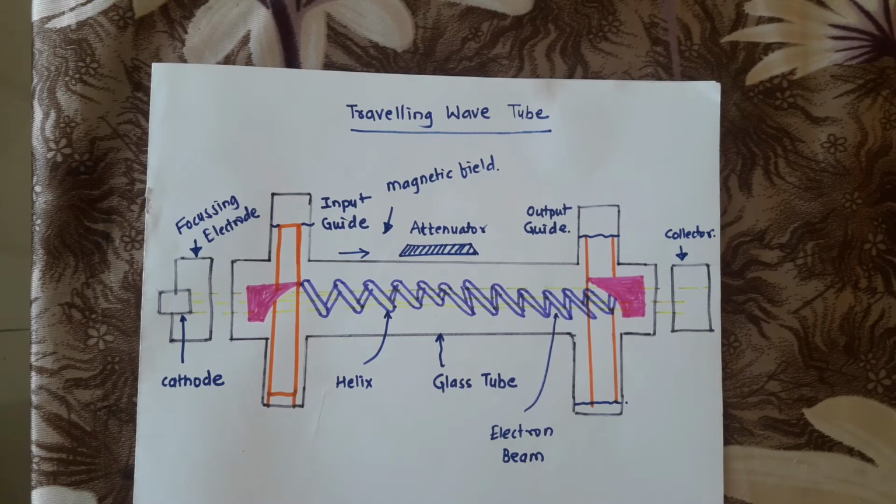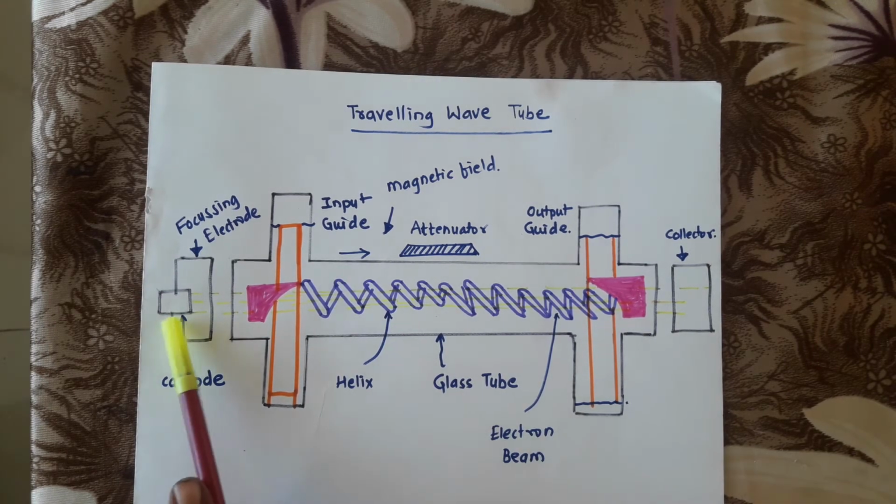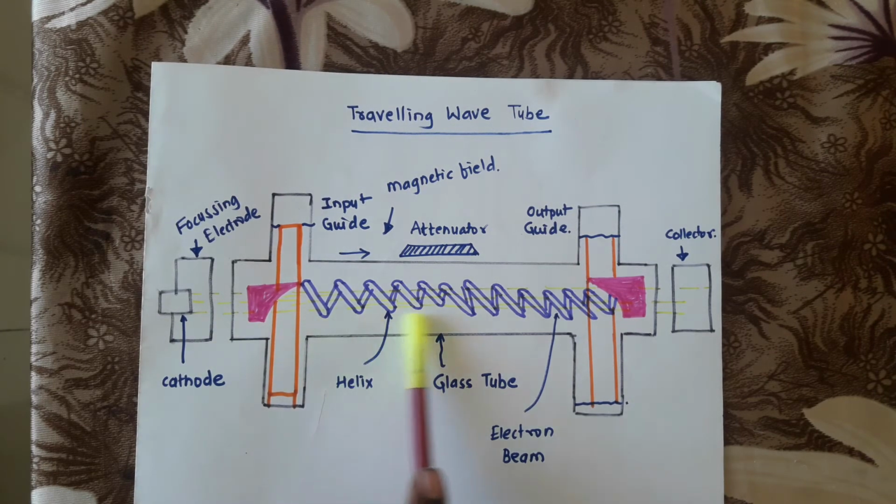Now, while talking about the construction of this TWT, a typical TWT uses a helix-like structure. An electron gun is employed to produce a very narrow electron beam, which is then sent to the center along the axis of the helix.